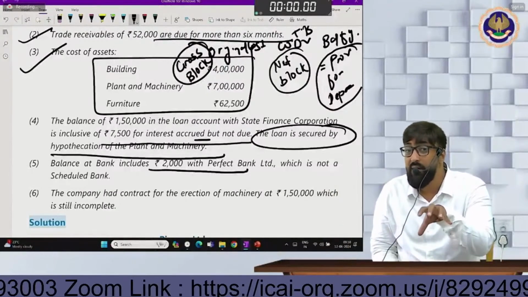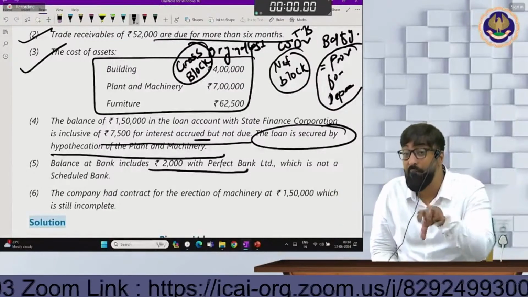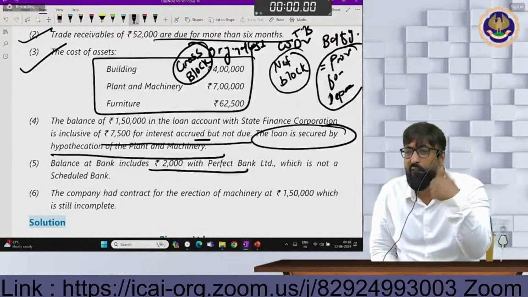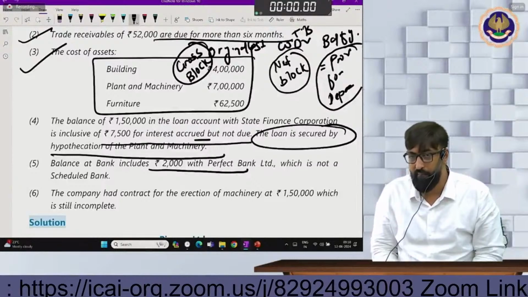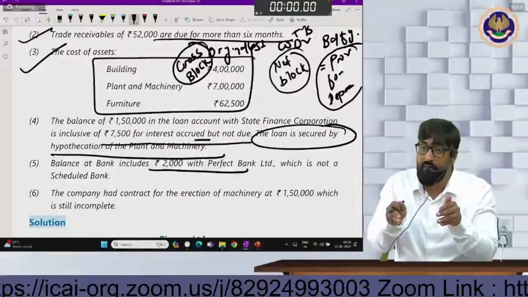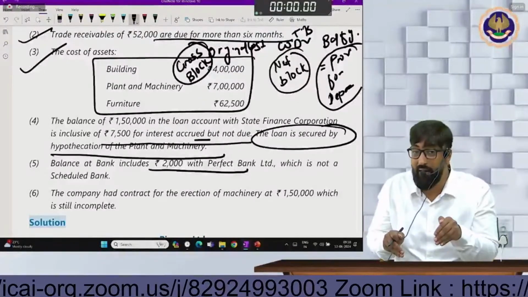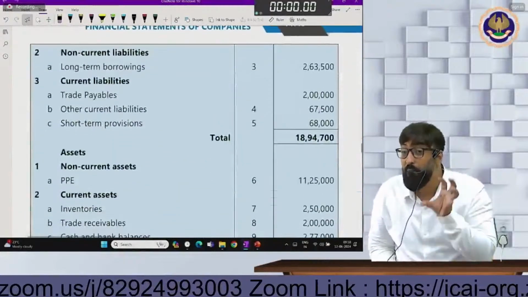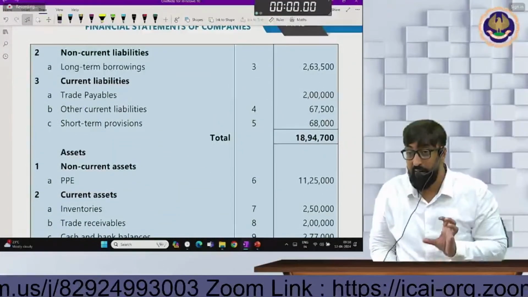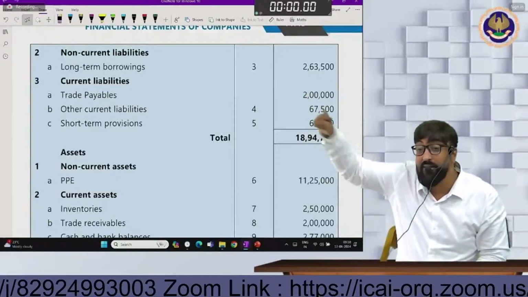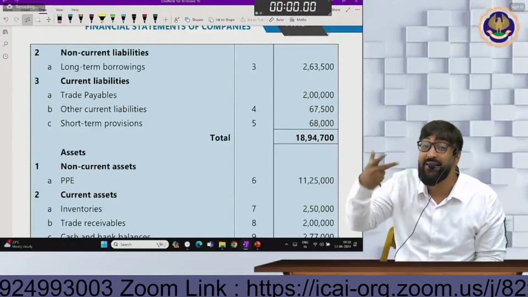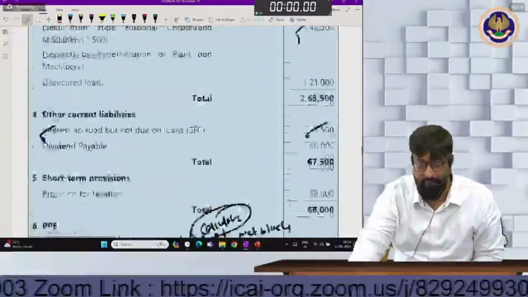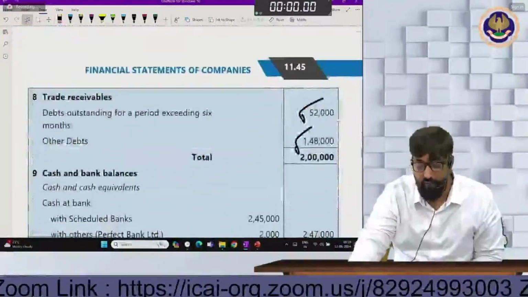So here the loan is hypothecation. There is a hypothecation against your asset. So in simple language, हम लोग क्या बोलते हैं इसको, गिरवी रखना. So your reader, he must be aware about your plant and machinery is not of company. It is hypothecated. It is given to bank as a security. So this note will carry 1 mark. So how you are going to present it?